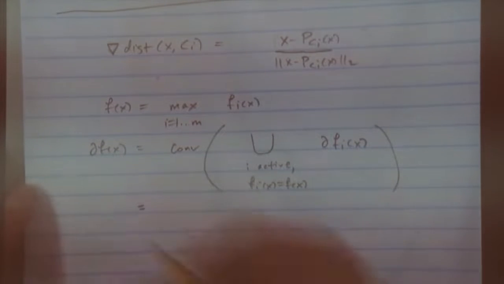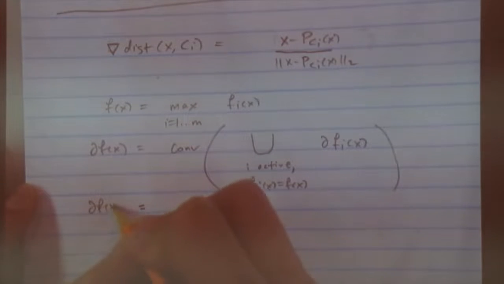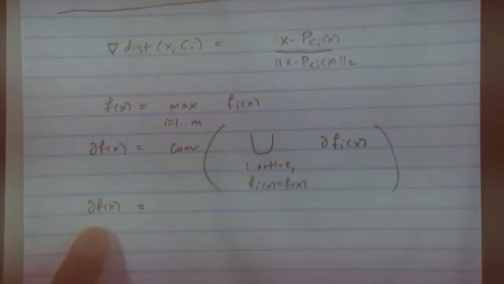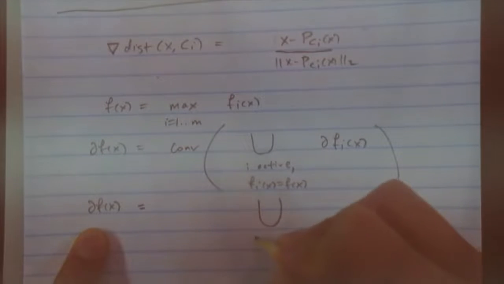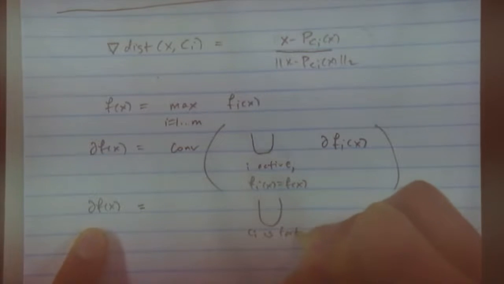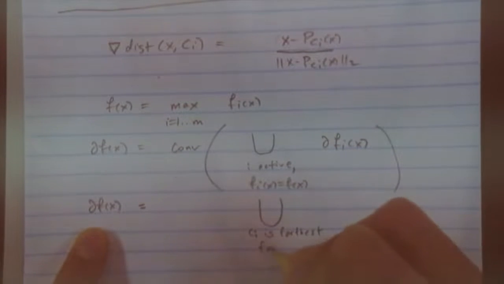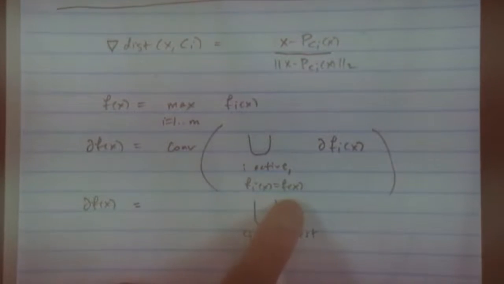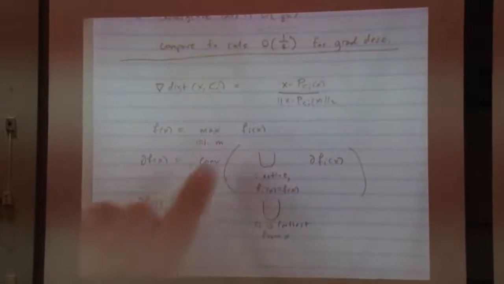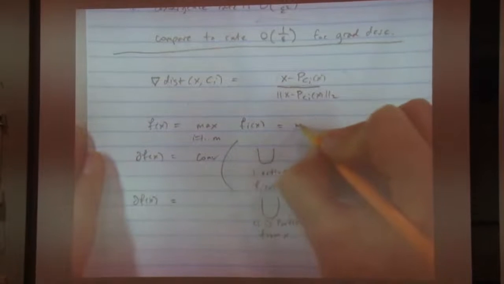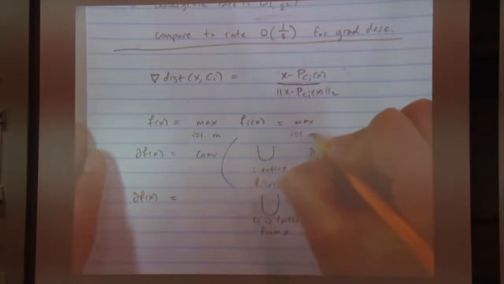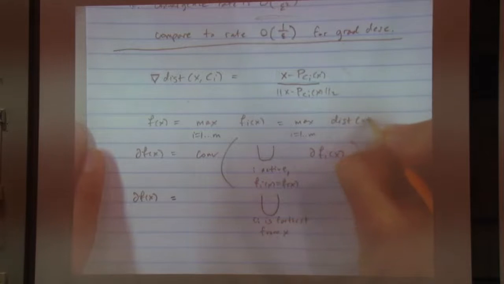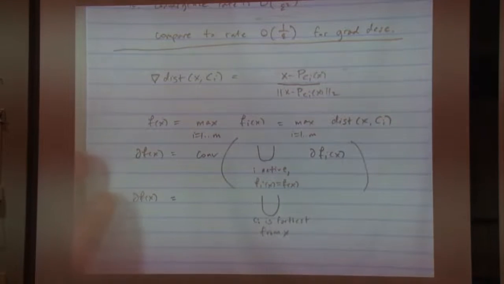So let's apply it to this function. So we're saying that the subgradient is equal to the union over all i such that C_i is farthest from x. So what does it mean for f_i to achieve the maximum value f(x) in the context of our problem? Remember, these were the distances of x to C_i.